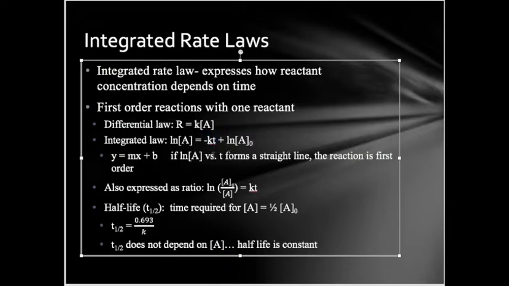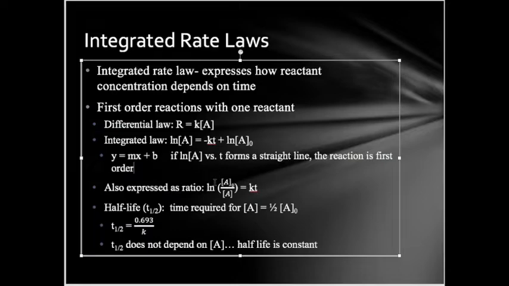So you are looking at a first-order reaction if the natural log of concentration graphed as the y variable with time as the x variable forms a straight line, the reaction has got to be first order. This is a question that the College Board loves to ask in multiple choice and free response. If you are able to graph natural log of concentration versus time, and that graph makes a straight line, the reaction has got to be first order.